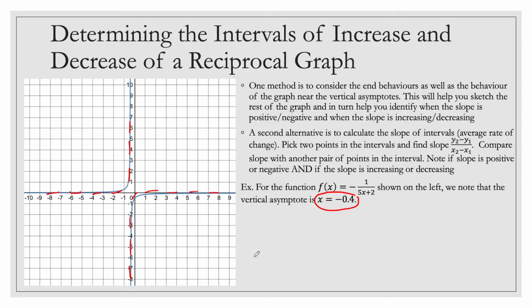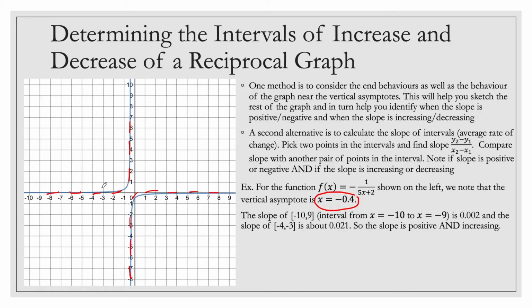In order to do this, we'll pick 2 pairs of points in each of the 2 separate intervals: when x is less than negative 0.4 and when x is greater than negative 0.4. So let's look at the slope between negative 10 and negative 9. I'm not going to go through all the calculations, but you can calculate the average rate of change between negative 10 and negative 9, and we find that it is 0.002, which once again makes sense with the fact that the slope was positive for all x in the domain except at the vertical asymptote.